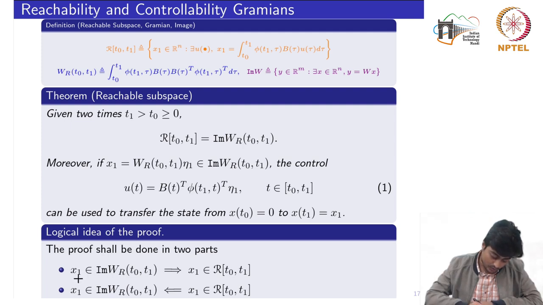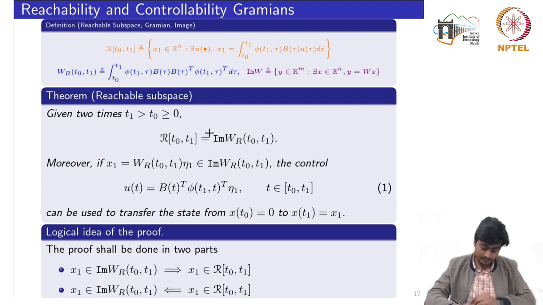If we can show that x1 belonging to this space implies that x1 also belongs to that space, and second, that x1 belonging to that space implies that x1 also belongs to this space, then we close the loop. Once we close the loop, it becomes an equivalence, an if and only if condition.